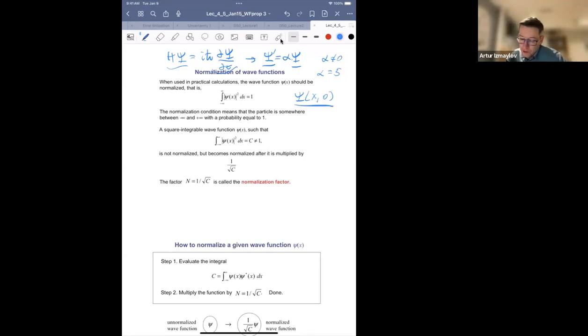Now, at some point, we will be looking at the time-independent Schrödinger equation, which will look like this: H psi equals E psi. And the function there will be just a function of space, not time. Some simplified version.